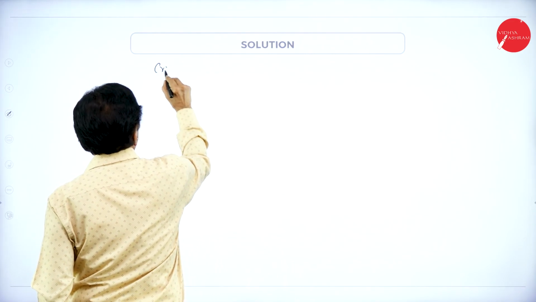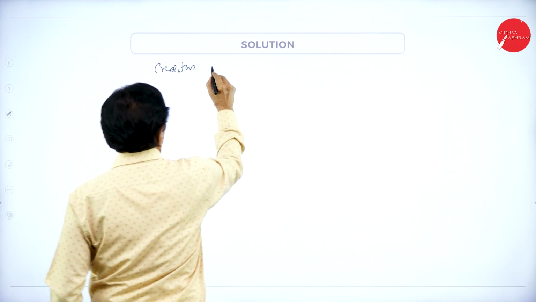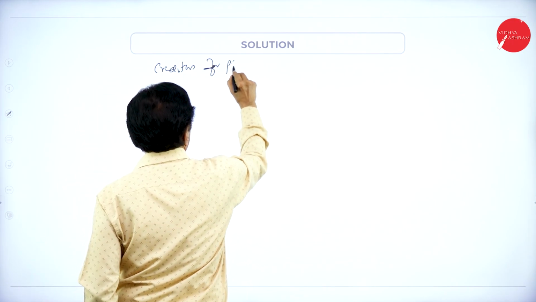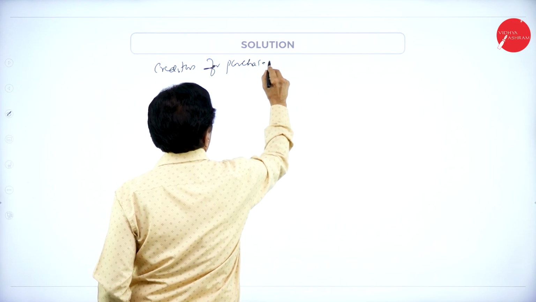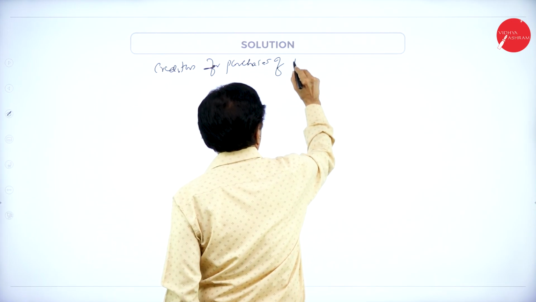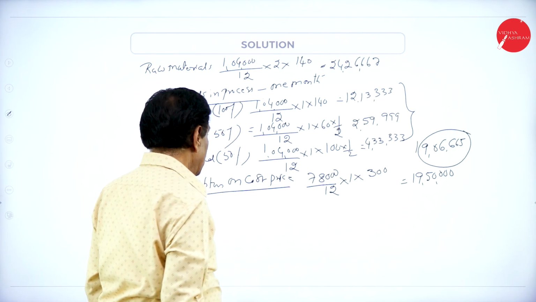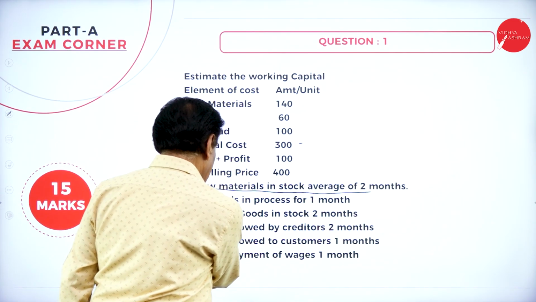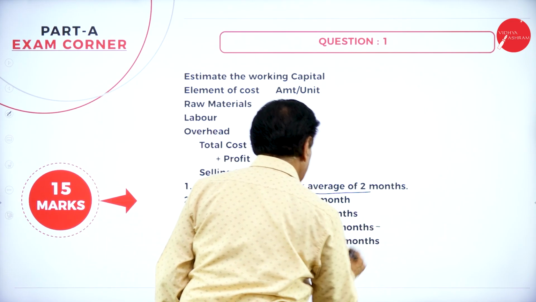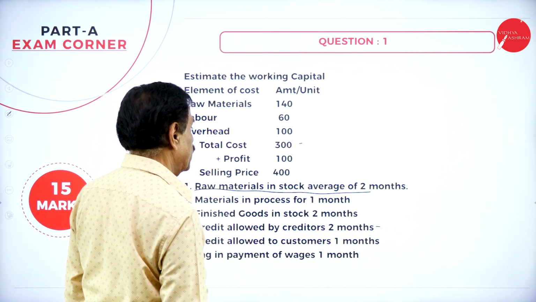Then creditors for purchases of materials. How many months creditors? See that credit allowed by creditor is how much? 2 months on the materials. Cost is 140.